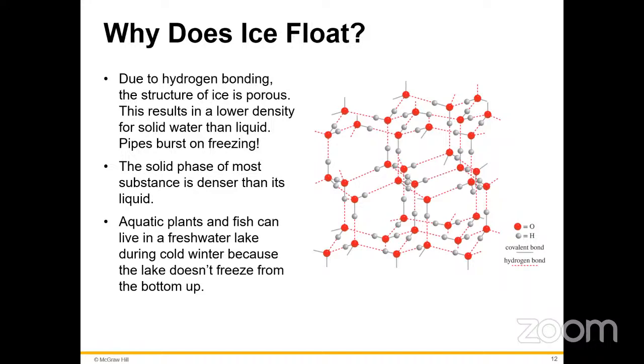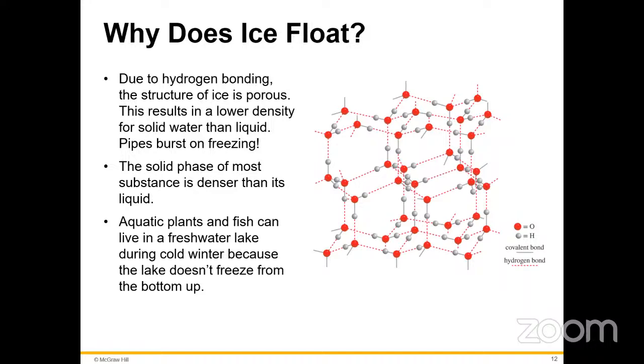And that's because as it adopts the three-dimensional structure that you see here, it becomes more open, and therefore the solid phase of ice is less dense than that of water. As I said before, that is highly unusual for substances. Most substances, the solid phase is more dense than the liquid, all right?